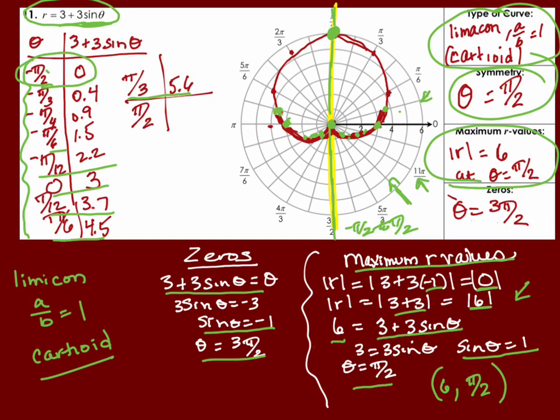And at pi over 6, it's 4.5, so I did a point there and a point there. And at pi over 3, it's 5.6, so I did it about there and about there. And then at pi over 2, it was its greatest, which is 6. So we have our nice heart upside down, cardioid limaçon. So that was number 11.